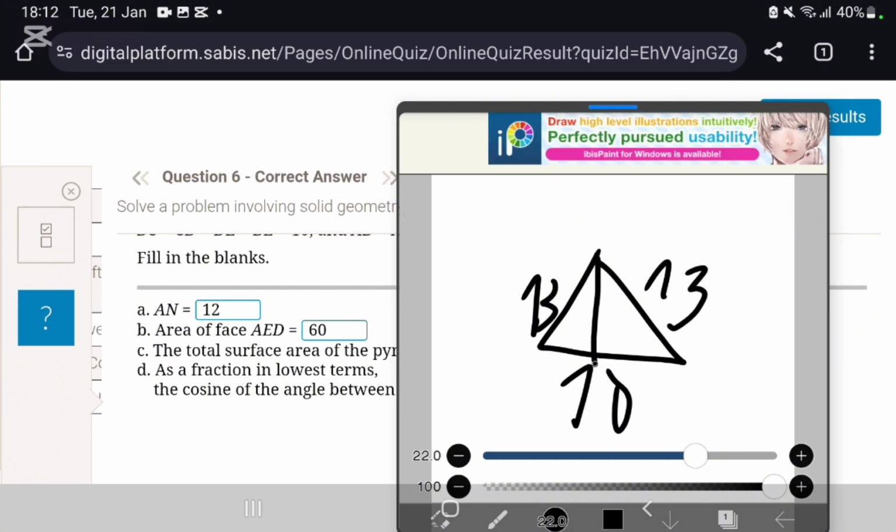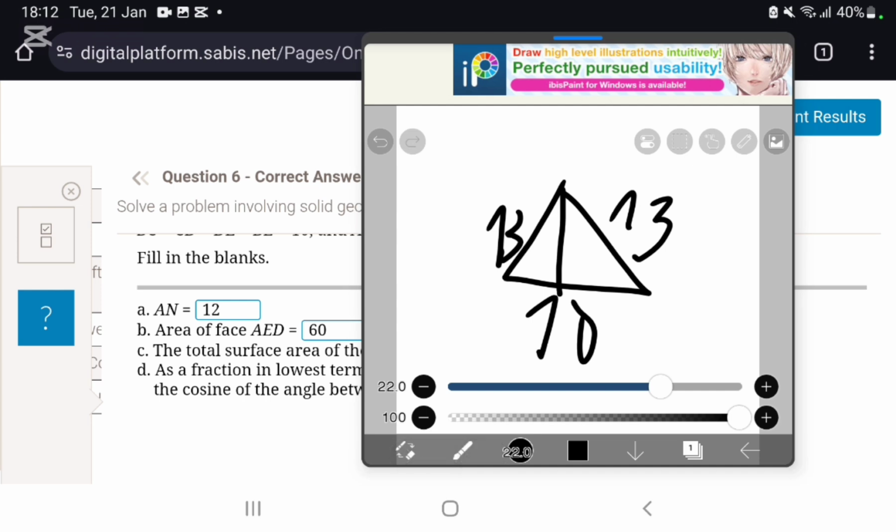To find this, we can use the Pythagorean theorem, but this will have altitudes and isosceles triangles are also medians. So we can split this whole line into two parts, which is 5 and 5.